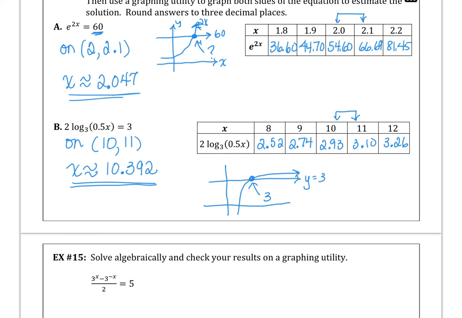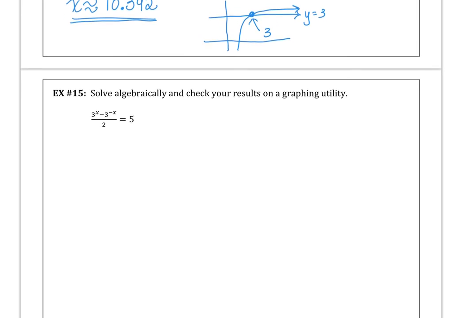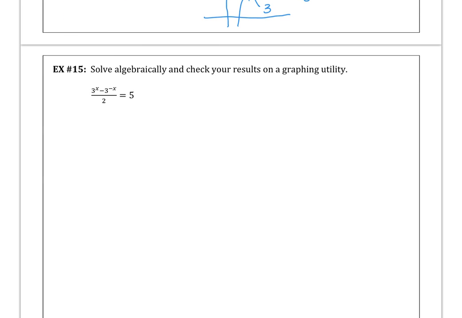So being able to do that with your calculator is an important skill. And then lastly, we want to solve algebraically and check our results on a graphing utility. This is similar to one we did earlier, where we're going to multiply both sides by 2. So 3 to the x minus 3 to the negative x is 5 times 2, that's 10.